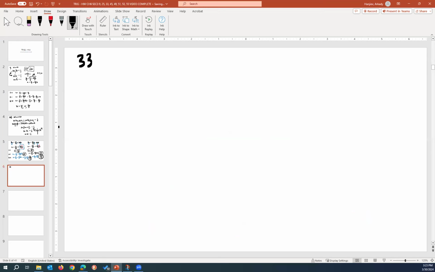33 says find all the solutions in radian measurement using exact values only. So all solutions, so write down in radian measurement and exact values. Oof, okay. That's kind of cool, because remember, this is a little easier. We don't have to do the extra k equals 0, k equals 1.